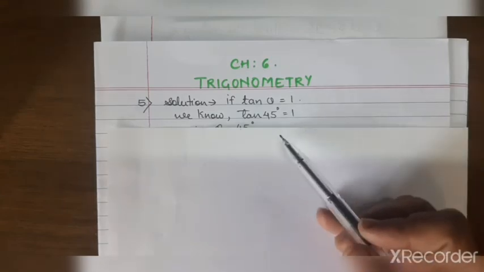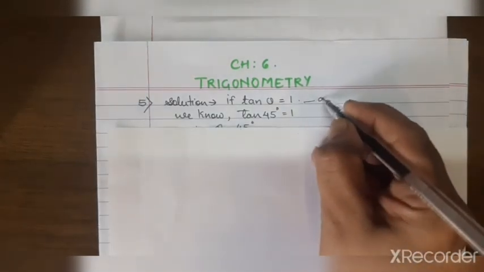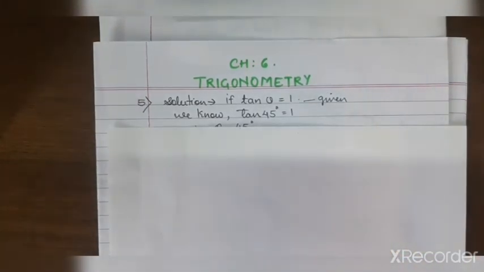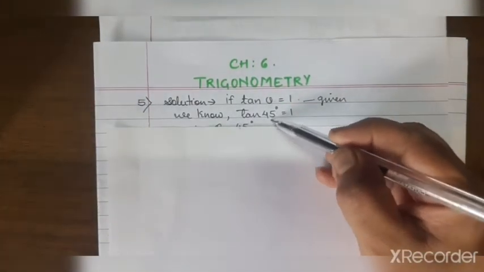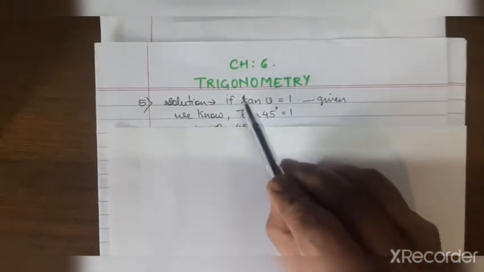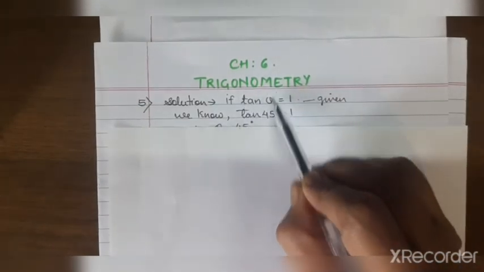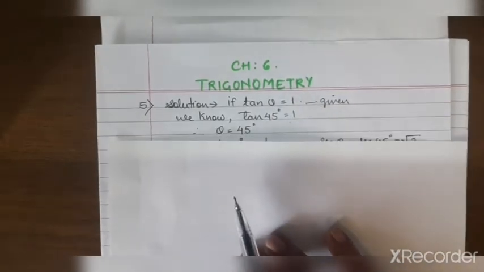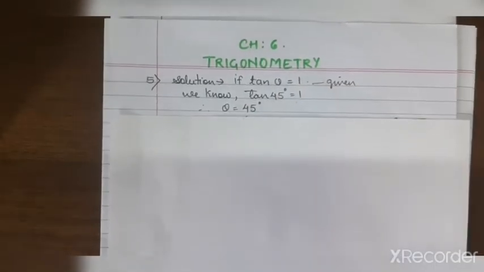So if tan theta is 1, which is given, and tan 45 degrees is 1, which we know from the chart, can we say that theta is nothing but 45 degrees? Because if both the values are 1, then theta should be equal to 45 degrees.